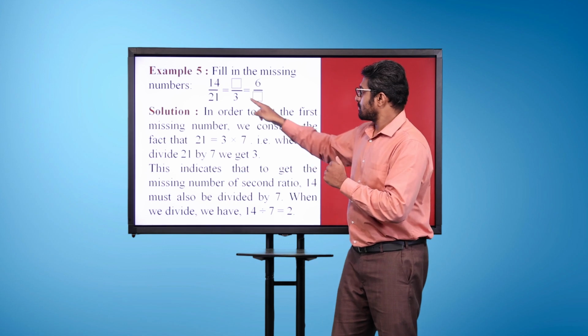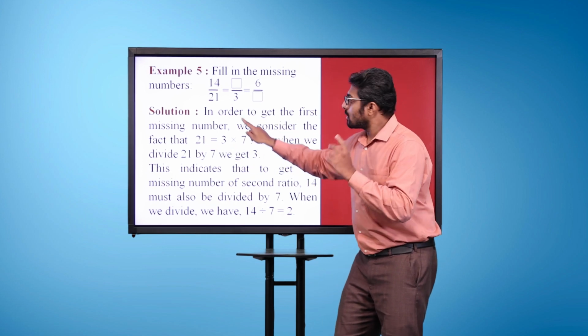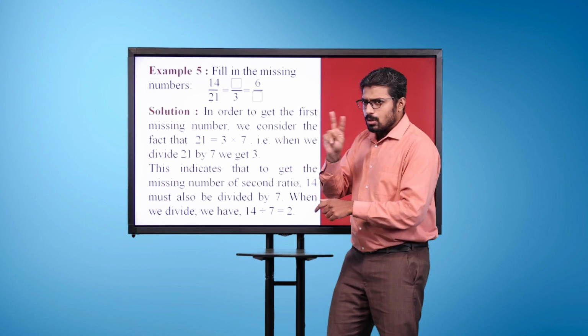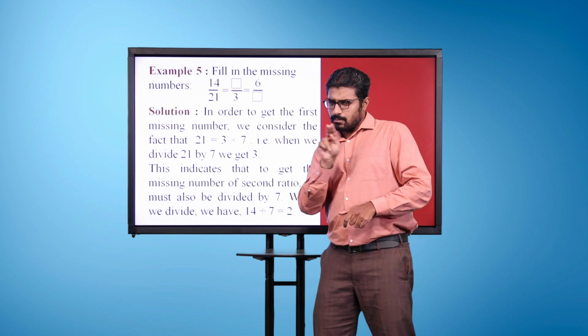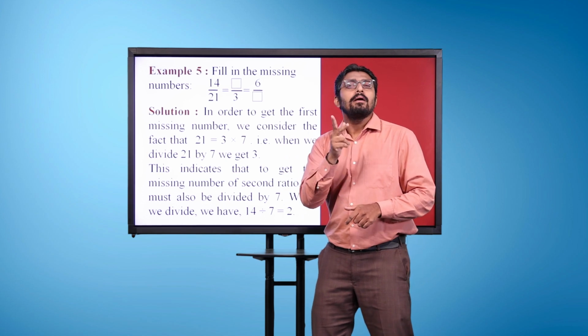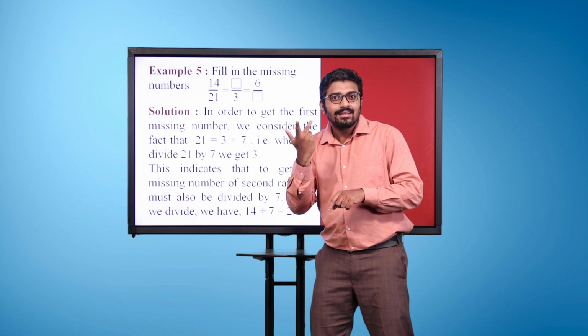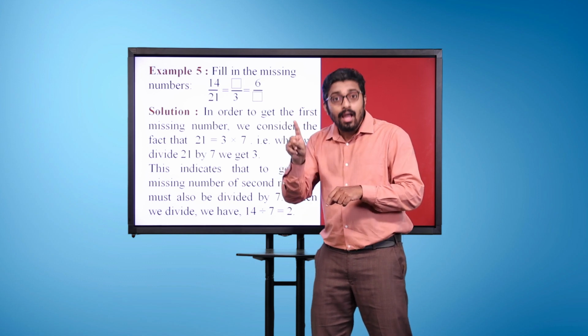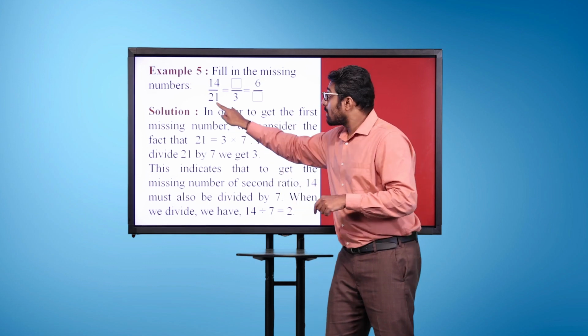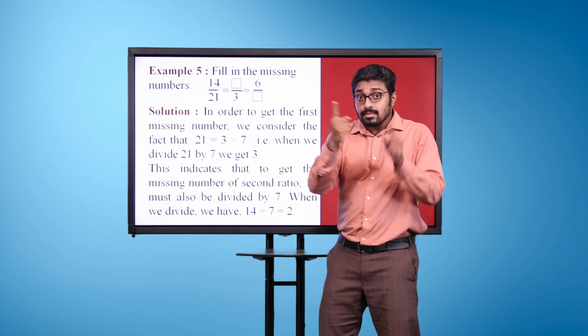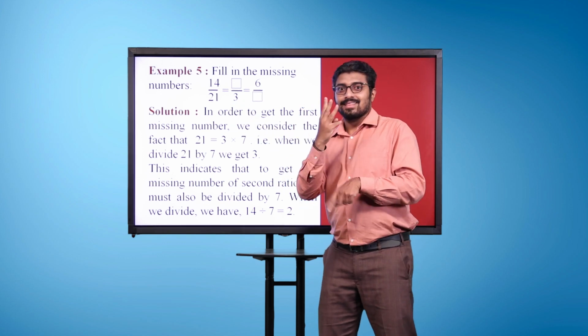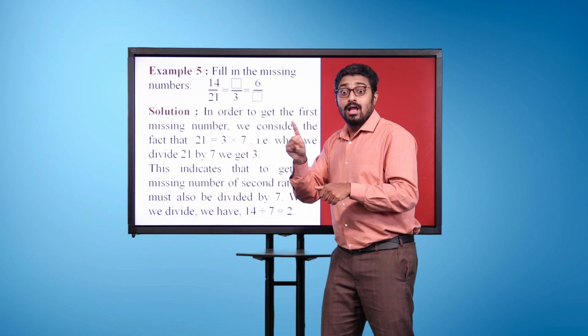Solution. In order to get the first missing number, we consider the fact that 21 is equal to 3 multiplied by 7. That is, when we divide 21 by 7, we get 3. This indicates that to get the missing number of the second ratio, 14 must also be divided by 7.